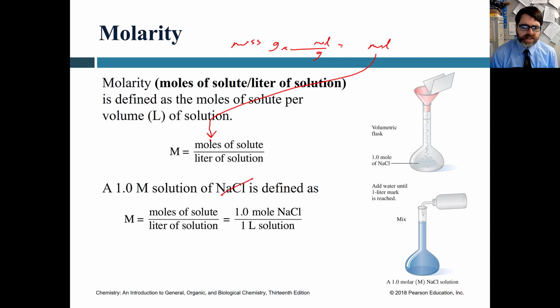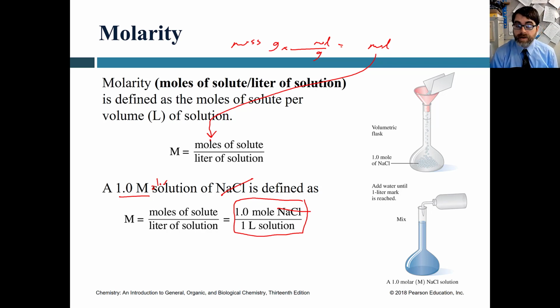And it doesn't have to be just NaCl here. 1 molar, that capital M, recall, is molar, is 1 mole over 1 liter. And so then once again we have another conversion factor, and it doesn't have to be a 1 molar solution. It could be a 0.5 molar solution, and then it becomes 0.5 moles over liters.